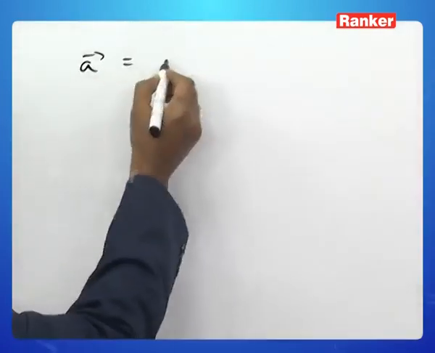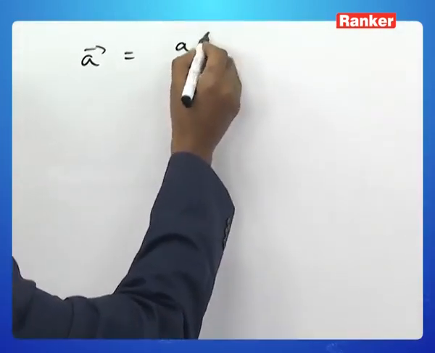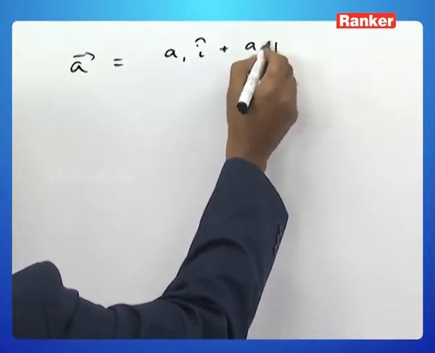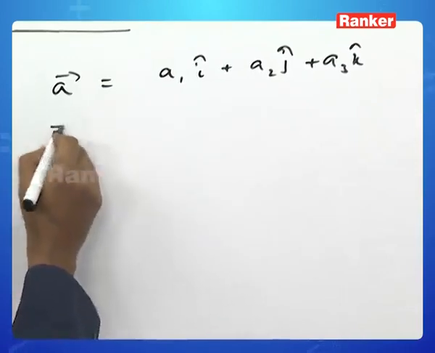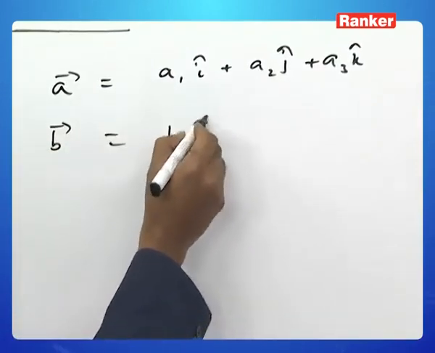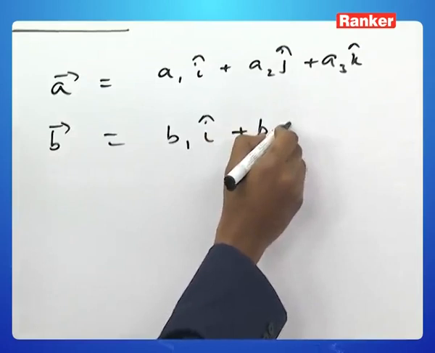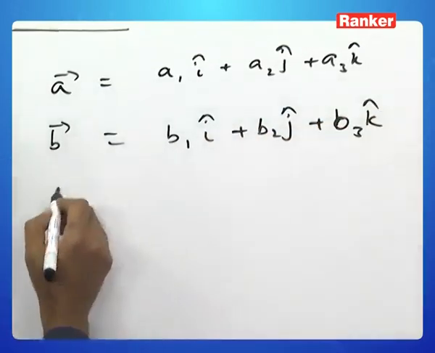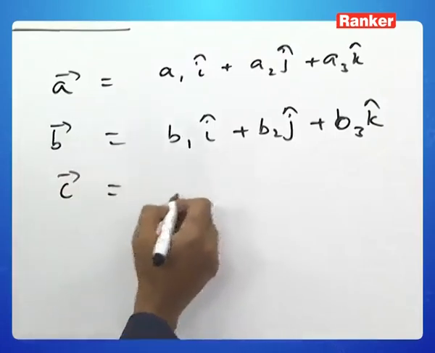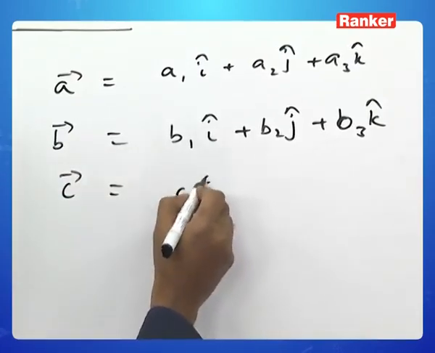Now A bar is equal to A1i plus A2j plus A3k. And B bar is equal to B1i plus B2j plus B3k. C bar is equal to C1i plus C2j plus C3k.